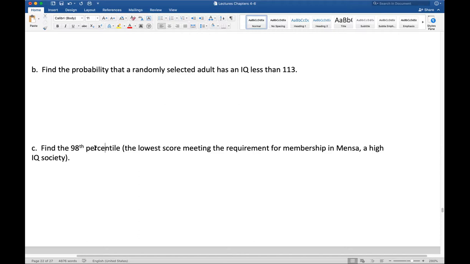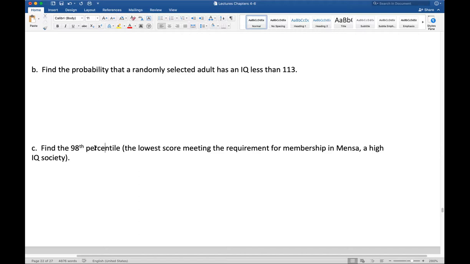It means that 98% of the data values in a sample or population have values less than that 98th percentile.